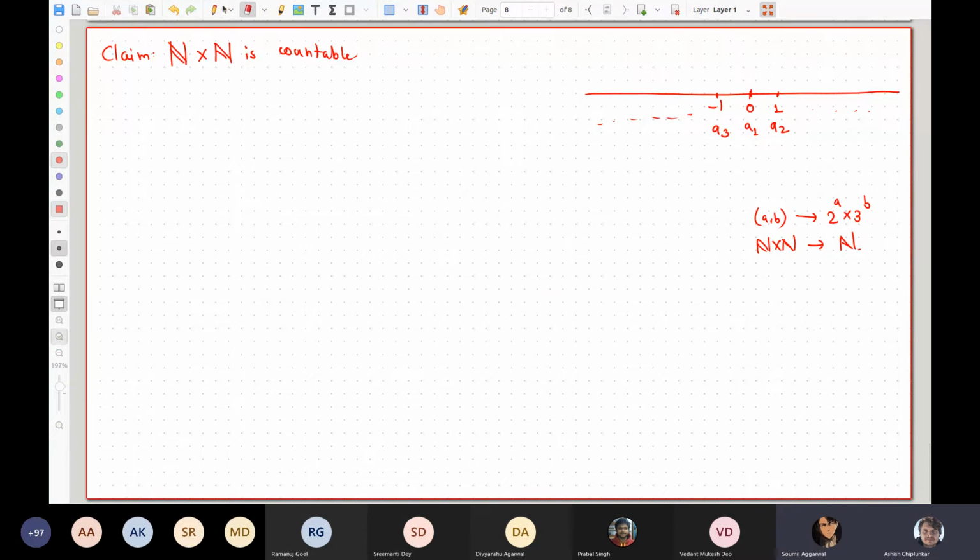So Somil's idea seems to be that this is A1, A2, A3, A5, A6, and so on. So A7 appears over here. Is this your idea, Somil? Yes. A9, A10, and so on. Yeah, this is also a good idea.